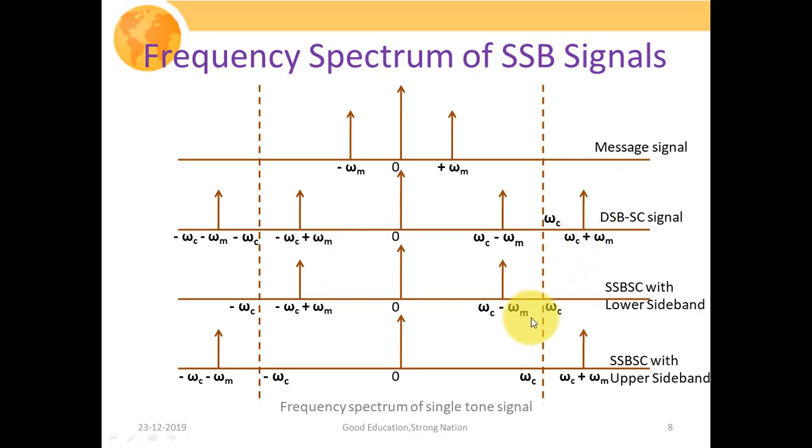Since in single sideband suppressed carrier systems we are only allowing one sideband and suppressing the other, this figure shows the lower sideband signal and this arrow shows the negative frequency component of our lower sideband, whereas this figure shows the upper sideband component of our modulated signal and this arrow shows the negative frequency of my upper sideband signal.